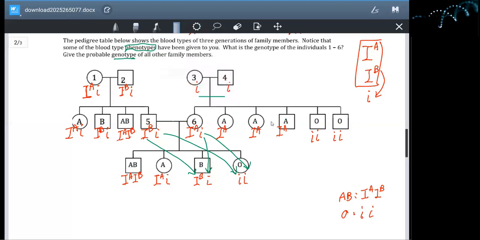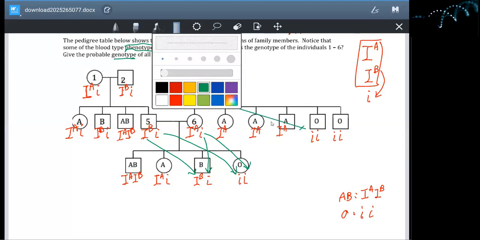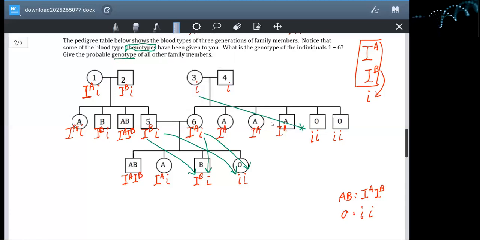Let's retry this. Let's do this. A little i and a little i. So parents must have little i, little i. I just don't know what's the other one, right? So let's figure this out.